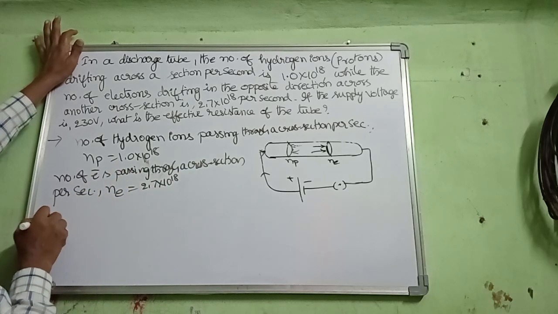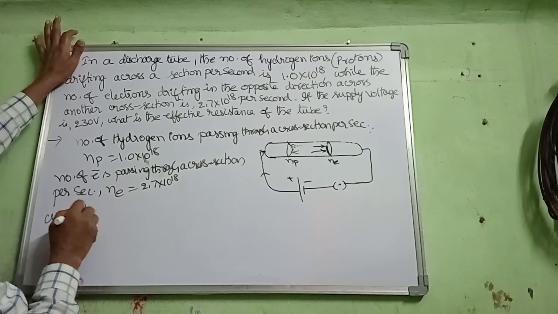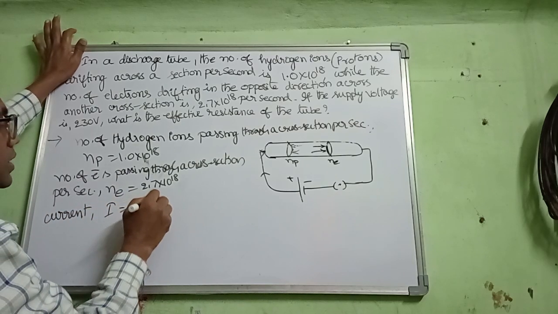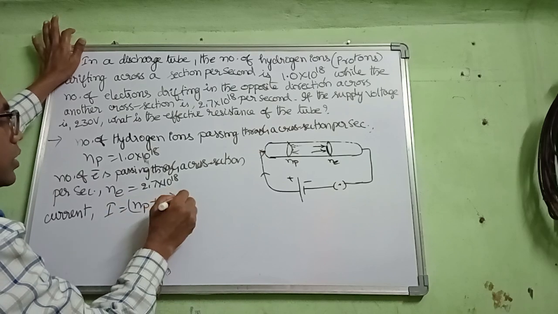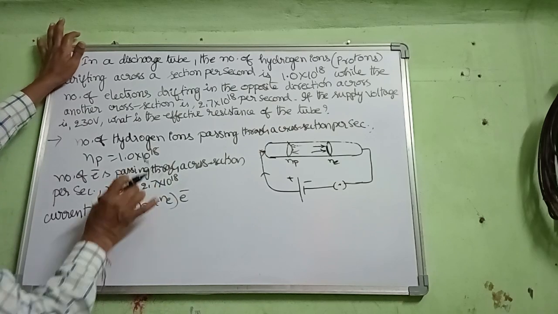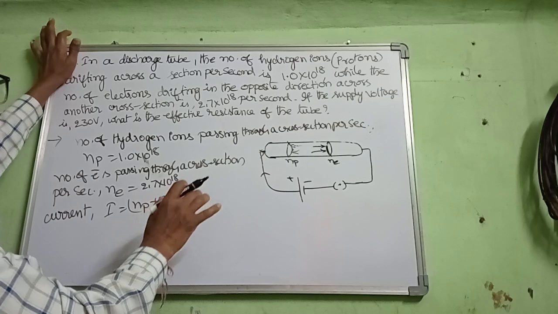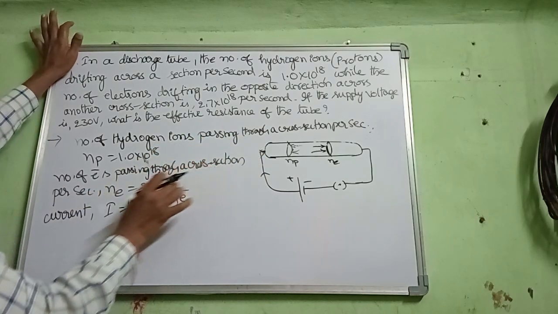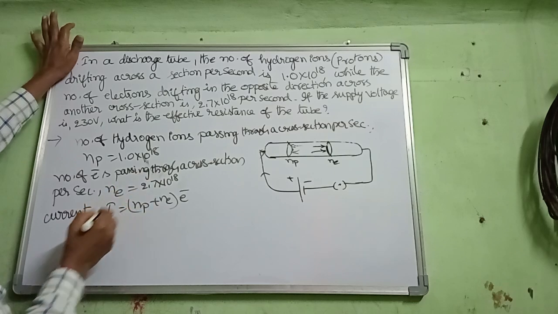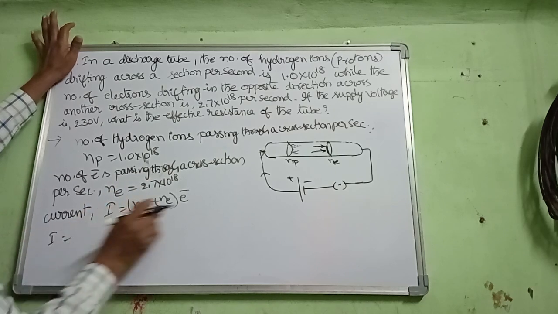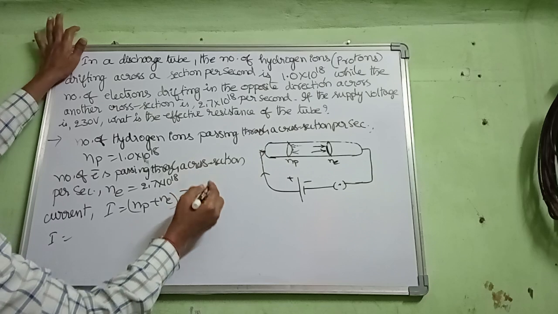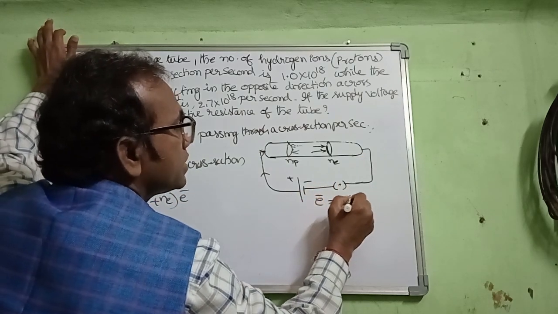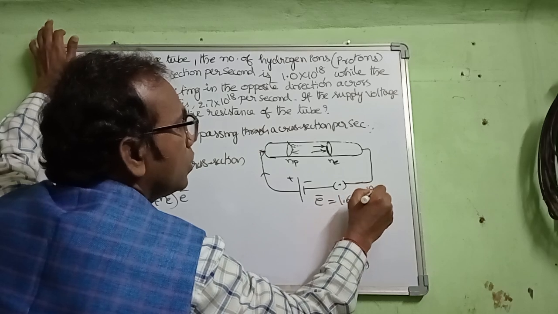So current I equals (Np plus Ne) into e. Here Np means the number of protons or hydrogen ions passing through the cross section, and Ne means the number of electrons passing through the cross section. e means the charge of electron. We know the charge of electron e equals 1.6 into 10 power minus 19 coulomb.